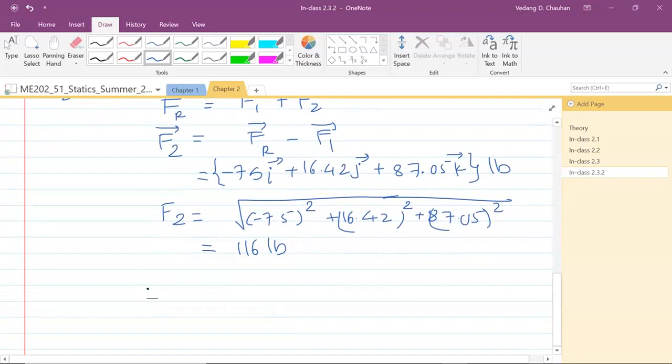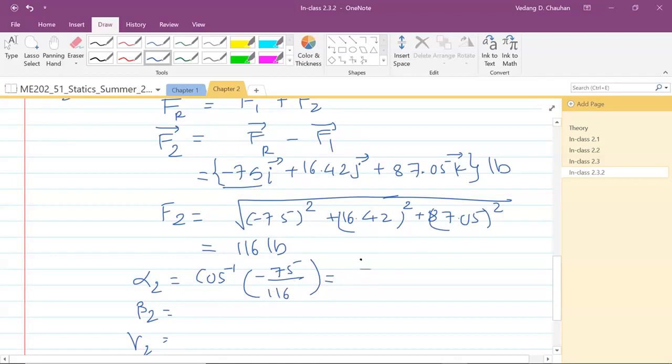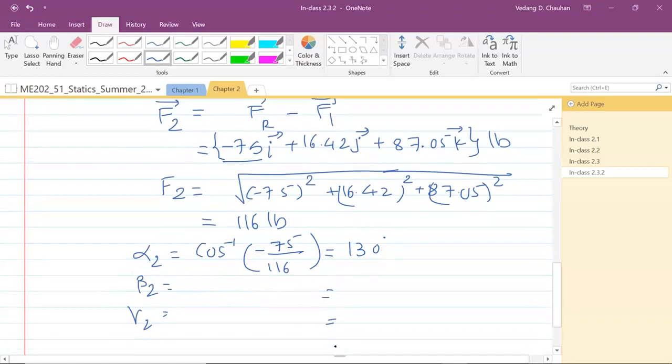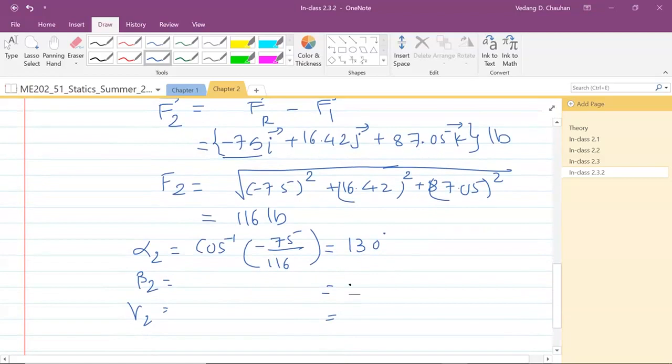And then we can calculate angles alpha 2, beta 2 and gamma 2 by cosine inverse of the x component of F2, which is minus 75 divided by its magnitude 116. So that angle is 130 degrees. The same thing you can apply to the remaining two angles, just change it to cosine inverse of 16.42 divided by 116 and cosine inverse of 87.05 divided by 116, and calculate the remaining two angles. You can pause the video and try to calculate this yourself.